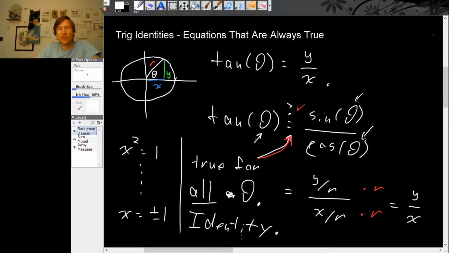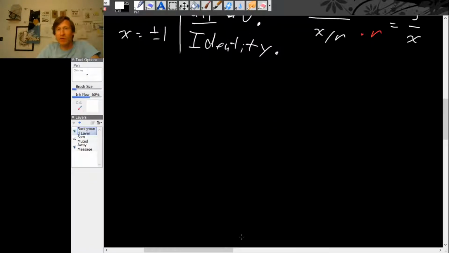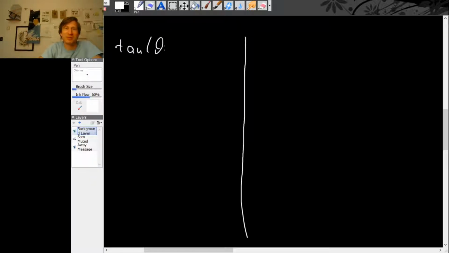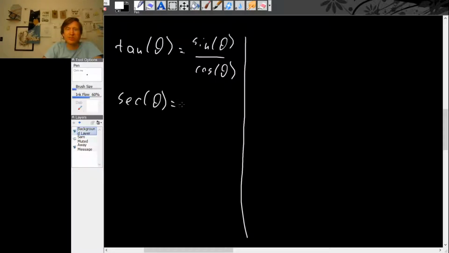There are a few trig identities that we've already encountered, and we will encounter many more over the course of the quarter, but let me just write out a few that we've seen so far. So we know, well, there's the one that we just figured out. Tangent theta is sine theta over cosine theta. I've mentioned sort of offhand a couple times that secant theta is just the reciprocal of cosine.